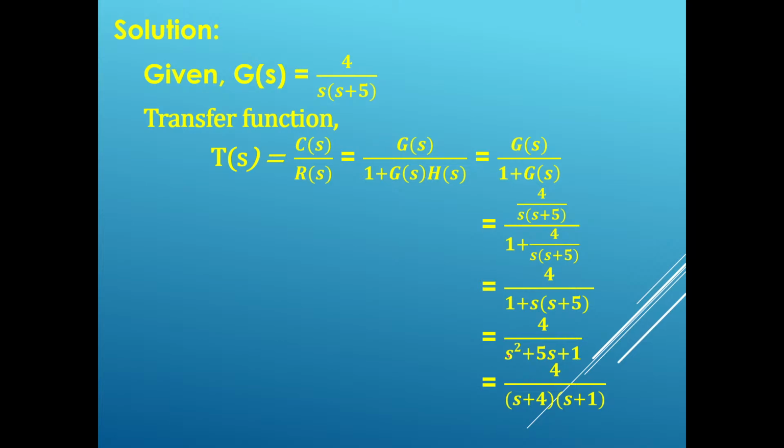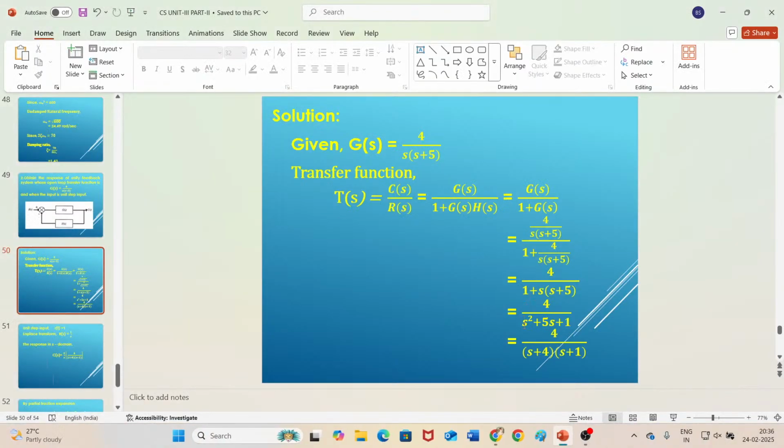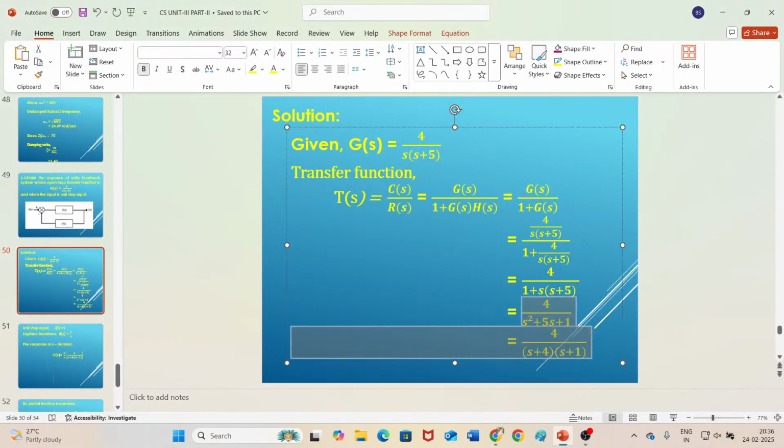Just check this expression. It seems something is missing here. Here it is 4 divided by S into S plus 5. Here 1 plus 4 divided by S into S plus 5. So S square plus 5S.